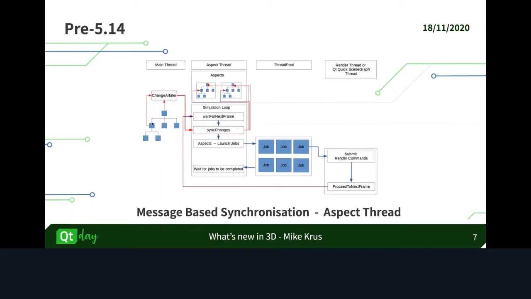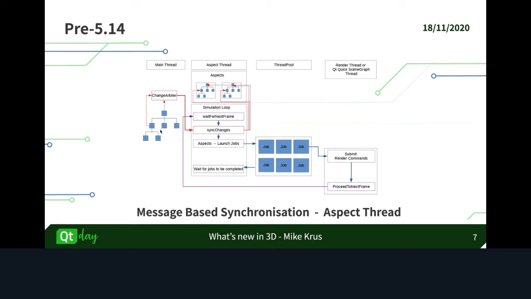The messages don't go only from main thread to aspect thread; they also go the other way around. For example, the animation aspect will change the translation of an object, and that value needs to be propagated back to the main thread so that the application can track the change in that value.